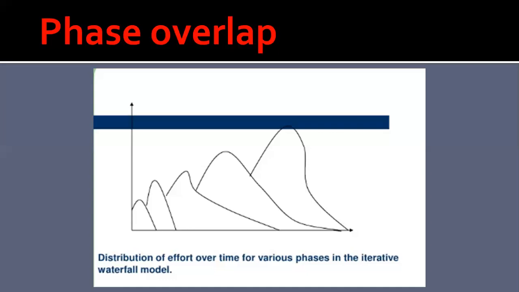Thus, the developers who complete early would be idle while waiting for their teammates to complete their assigned work. So clearly, this is a cause of wastage of resources and a source of cost escalation and inefficiency.